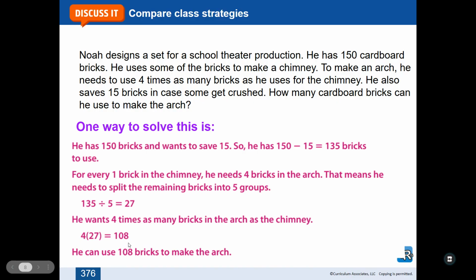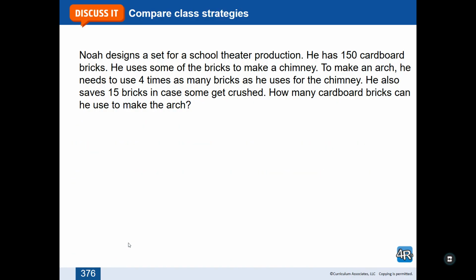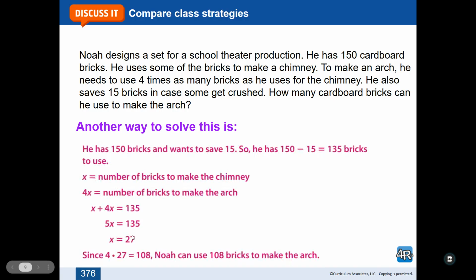Let's look at another way to solve this. This is more like what I want you to do. I want you to learn how to make equations. So we know, again, he has 150 bricks and he wants to save 15. So he has 150, take away 15 that he saves.